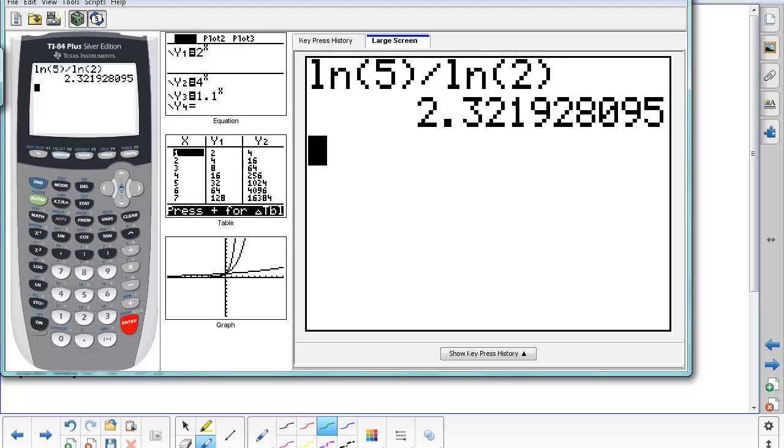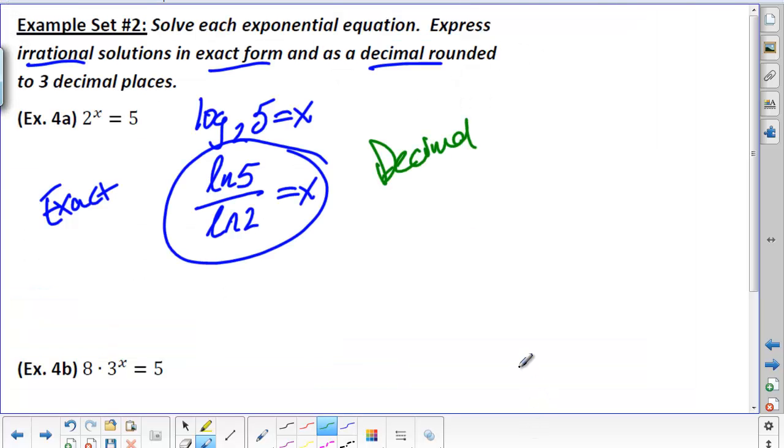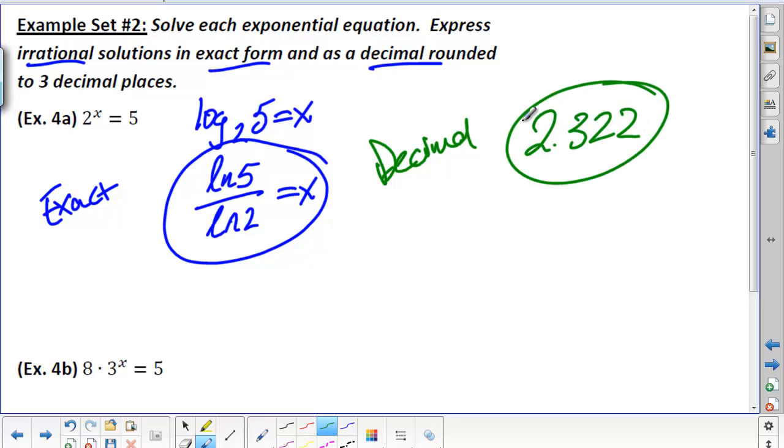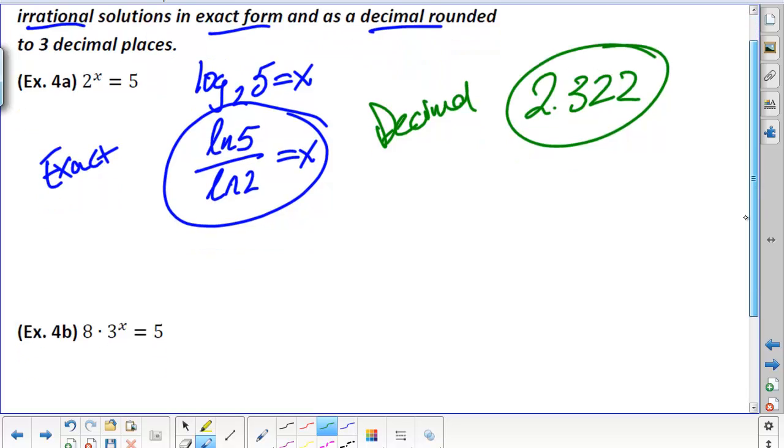We get 2.322. I think we had worked that out in the last section. But that's our decimal value, rounded to 3 decimal places. Exact form, decimal form. Make sure you pay attention to the instructions of the homework so you know which form to write your answer in.